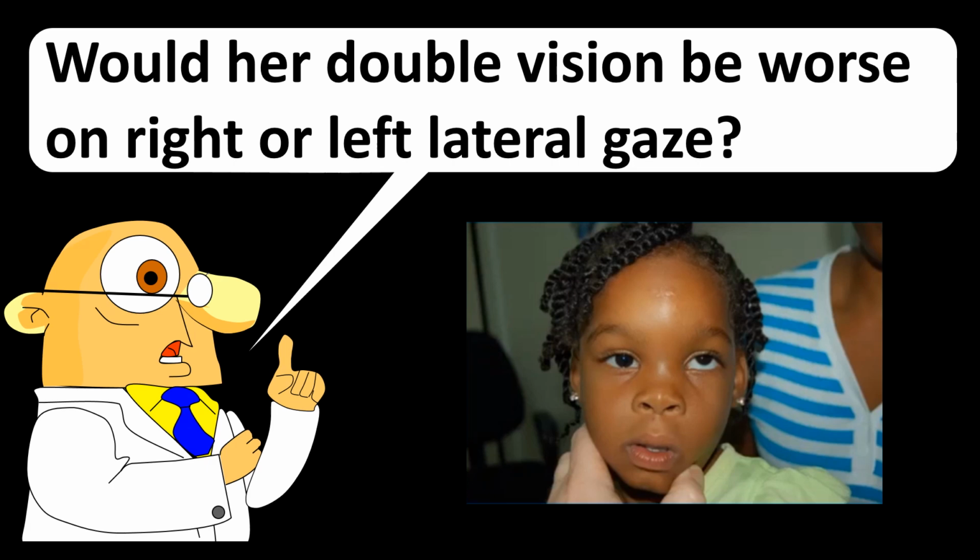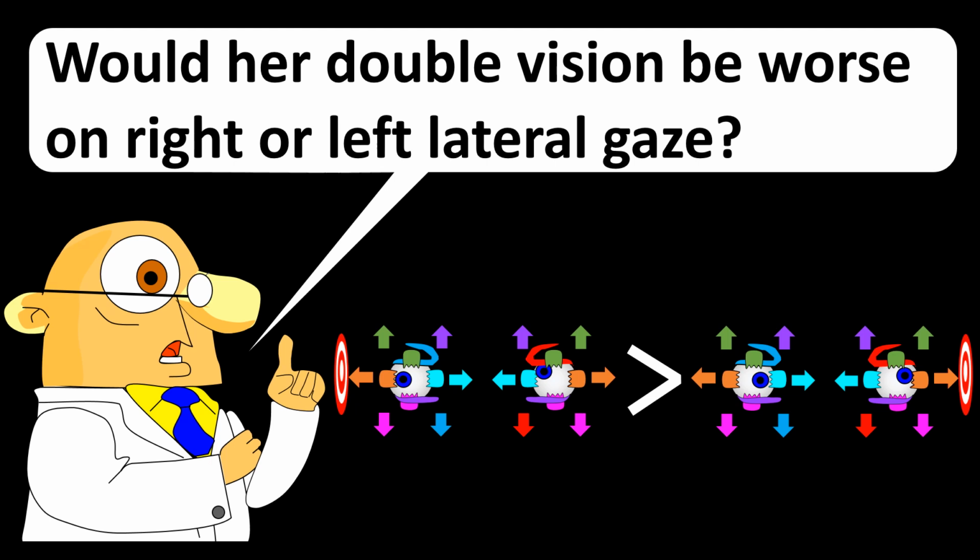So the answer to this question is: her double vision would be worse on right lateral gaze.